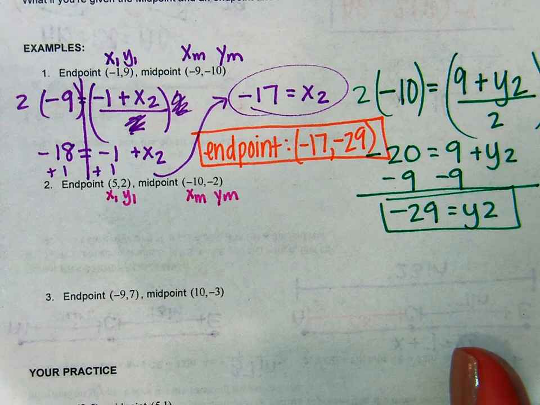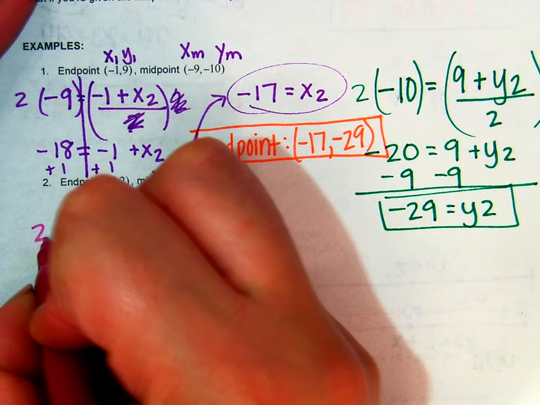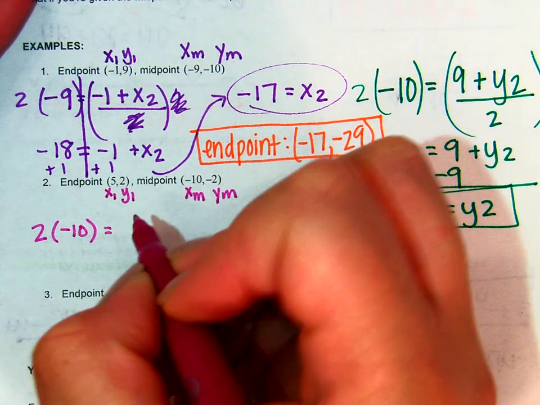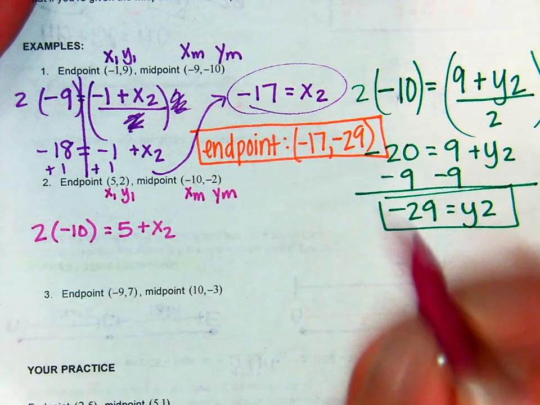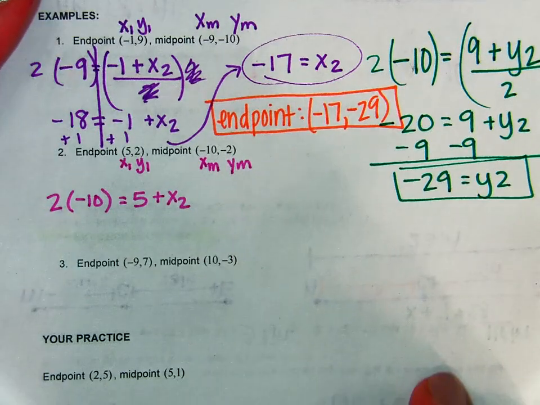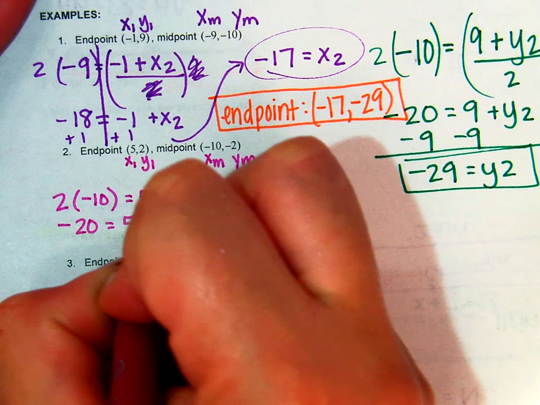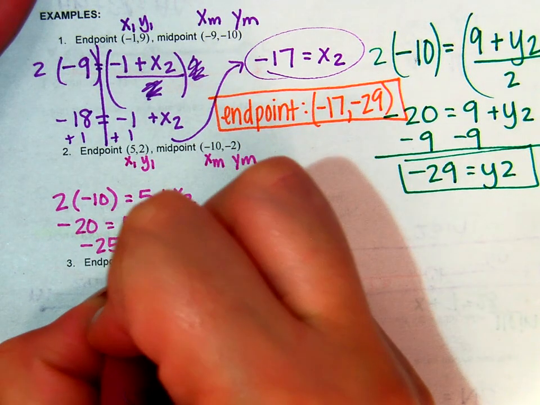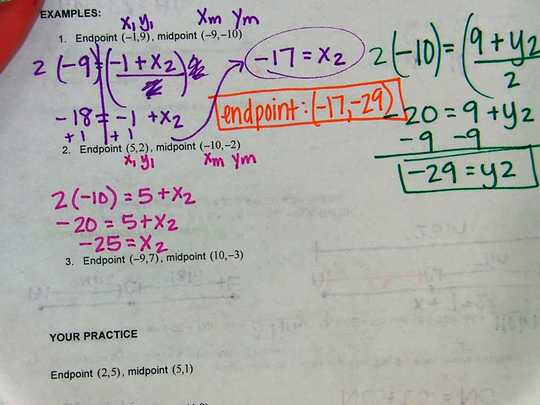And I'm going to use the easier way to solve. So 2 times xm equals x1 plus x2. So negative 20 equals 5 plus x2. Negative 25 equals x2. That's a lot faster, don't you think?